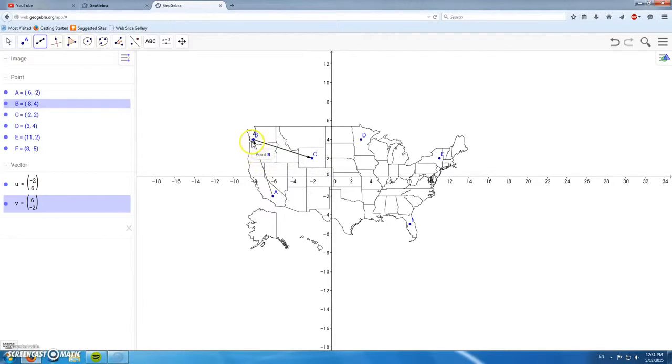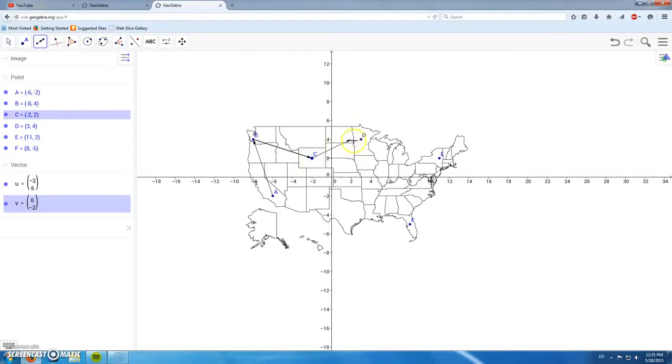That's the vector from point B to point C. Just to make it clear, the initial point would be Olympia, Washington, and the terminal point would be Cheyenne, Wyoming. Although this was our terminal point previously, since this is now the new starting point, it becomes the initial point, and this is the new end point, the terminal point.